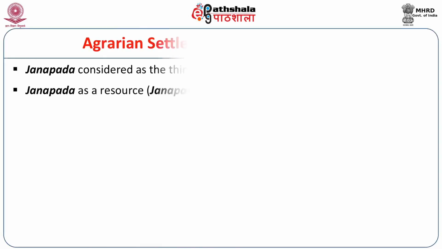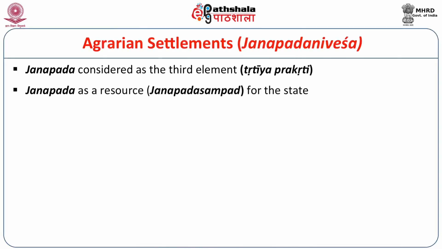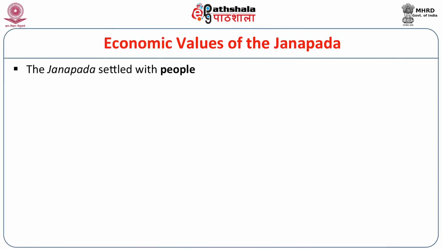First of all, in the Arthashastra, we get 7 constituent elements of the state: Swami, Amatya, Janapada, Durga, etc. So, Janapada is a part and parcel of the state. Literally, it means the feet of the people, that is, the land settled with people. This is essentially, literally, called Janapada.